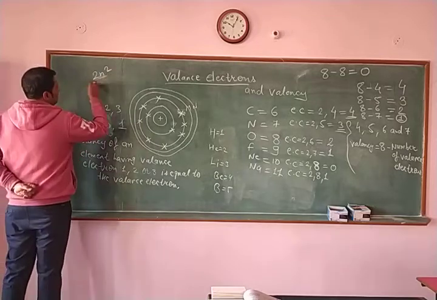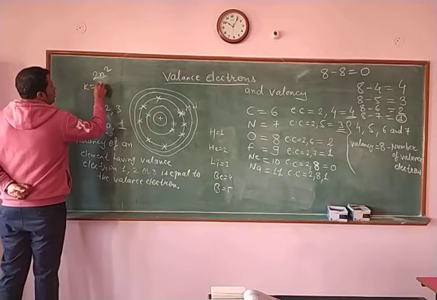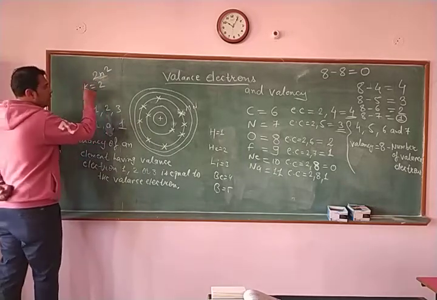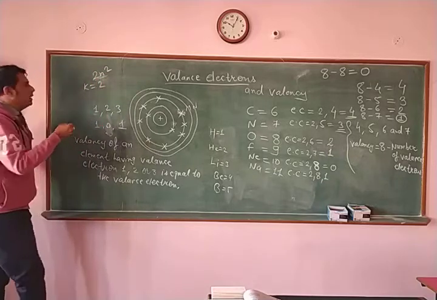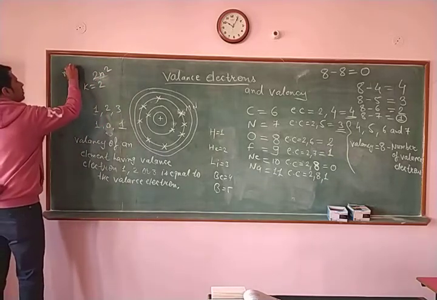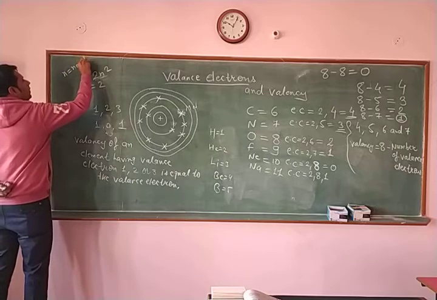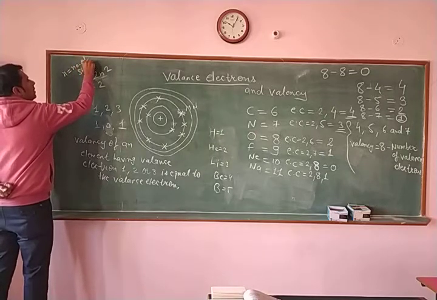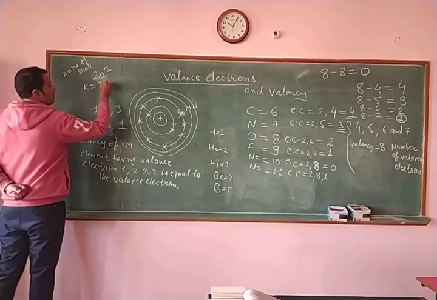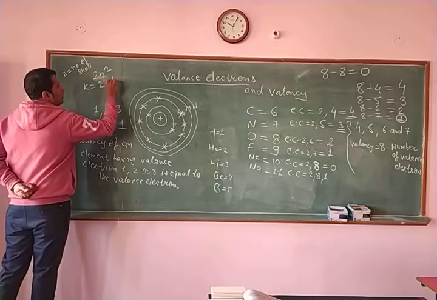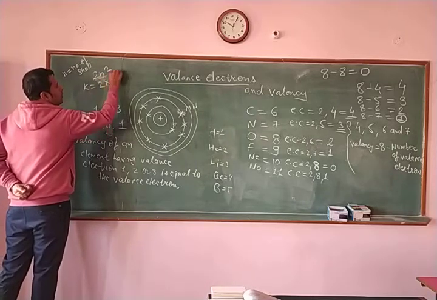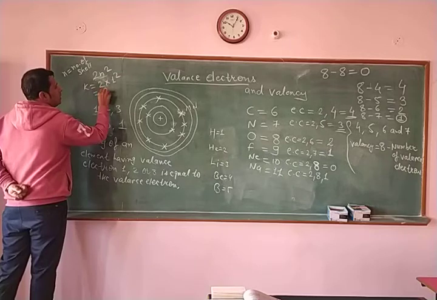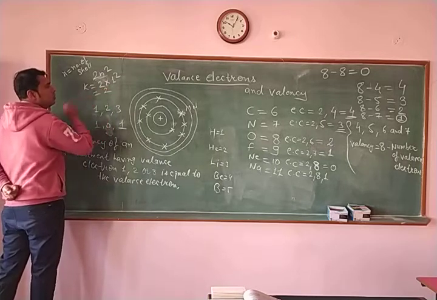So for K, 2n square, where n denotes the number of the shell. K is the first shell, so 2 into 1 square, that will be 2.